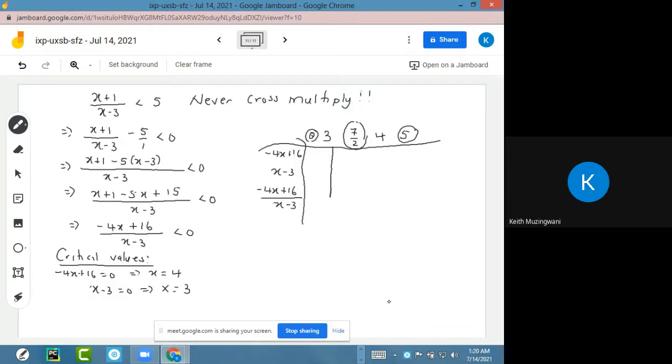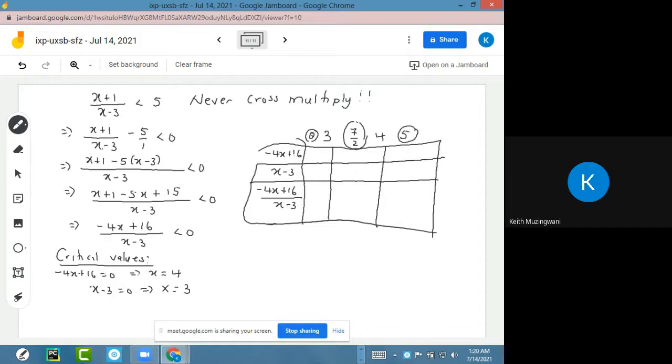So we'll have this. So if you place 0 here, we'll have plus, place 0 minus, altogether get negative.